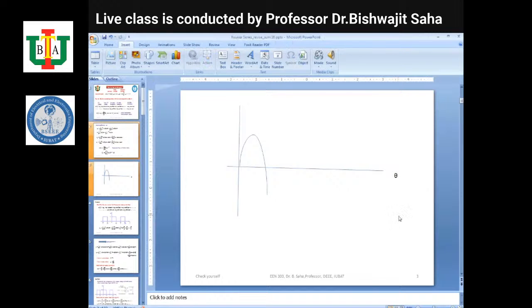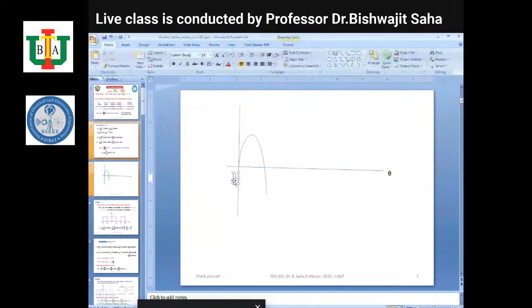That is theta. Okay. So up to this point is pi, right? Because this is going to be the half cycle. There is 0.